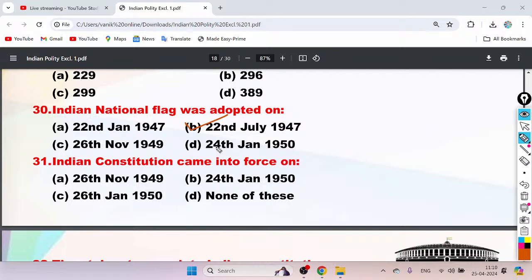The Flag Code of India 2002 replaced the National Honor Act 1971, and there are rules and regulations.